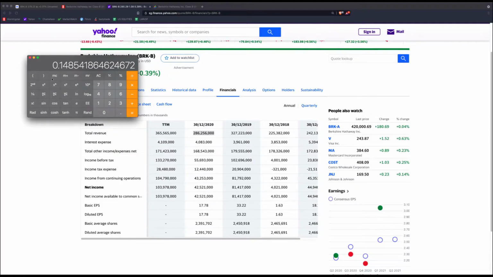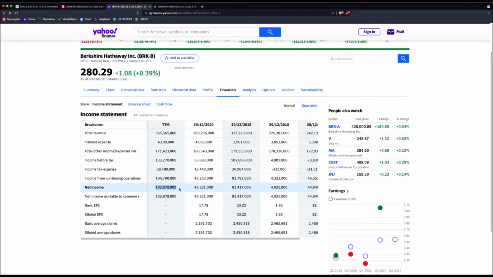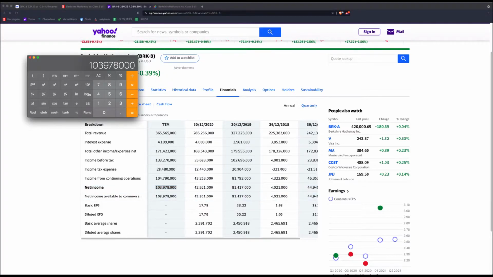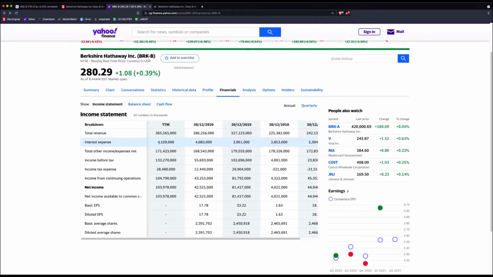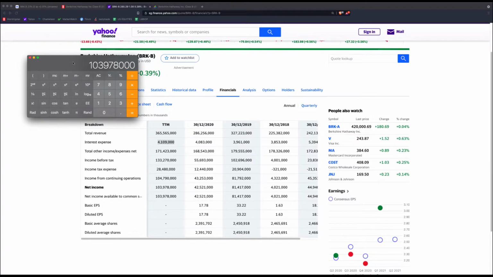So when it comes to interest coverage, remember it is the net income, essentially the earnings, divided by the amount of interest that they need to pay. So for interest coverage, we take this number again and divide that by the interest expense, and we get a coverage of 25, and that's more than sufficient.